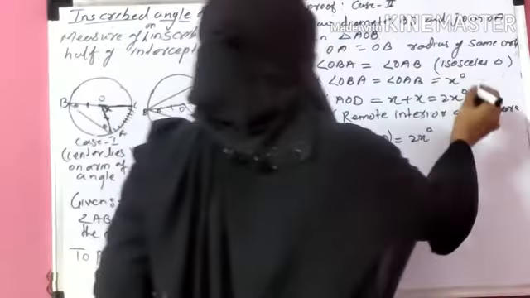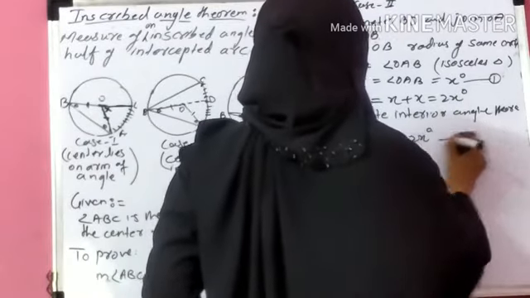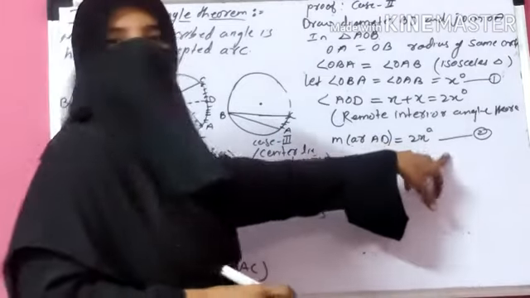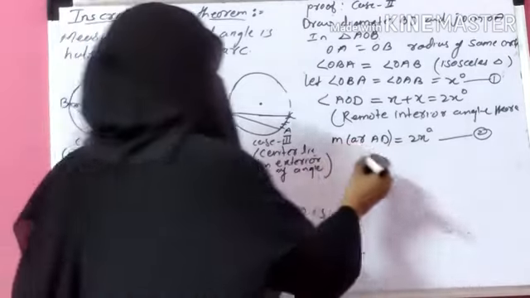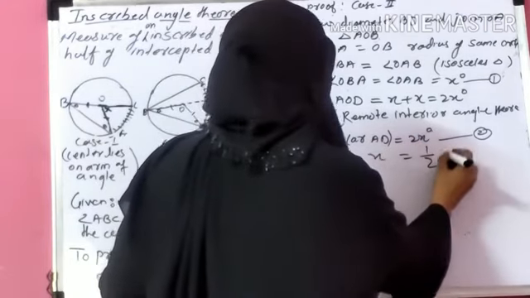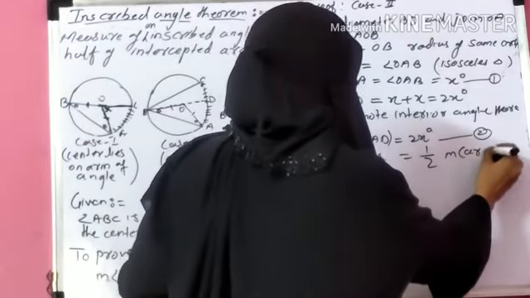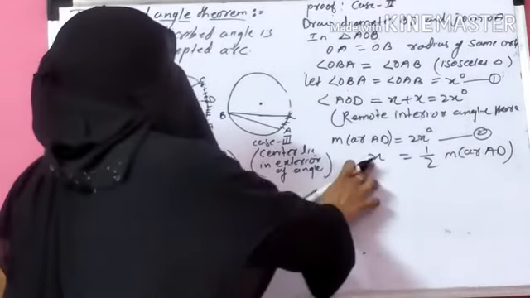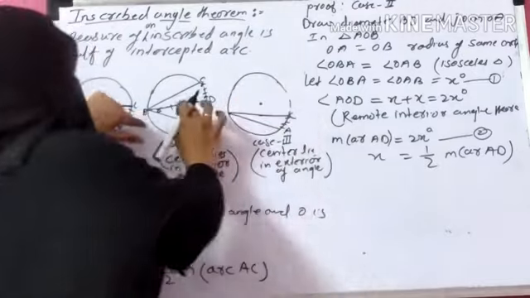Give here number 1 and number 2. So the measure of arc AD is 2x degrees. Now x is half of the measure of arc AD, and x is equal to angle OBA.